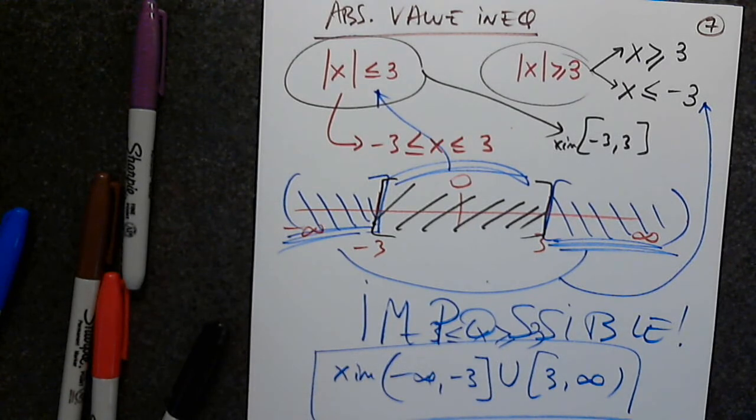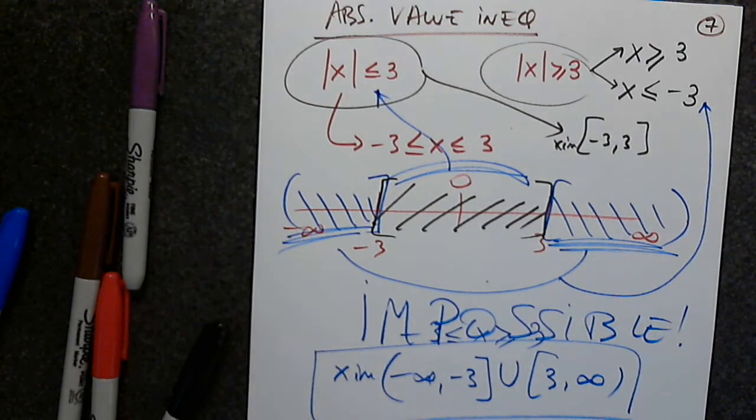That's what I'm saying. Less than or equal to 3 is this. Greater than or equal to 3 is this. Are you saying minus 3 is greater than or equal to 3? This one? Yes, that's correct. -3 is greater than or equal to, or less than or equal to -3.